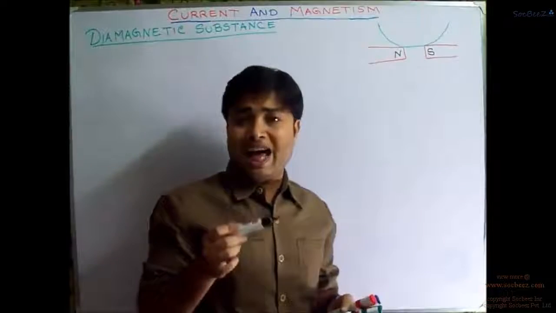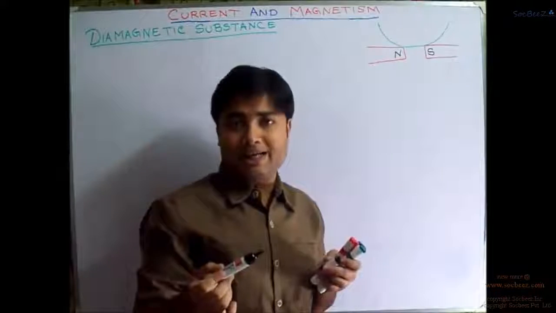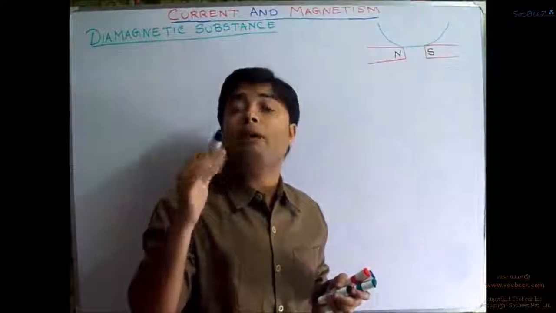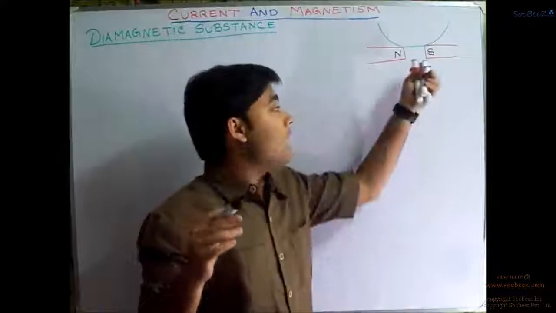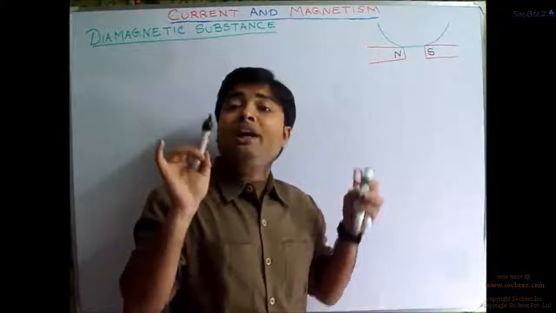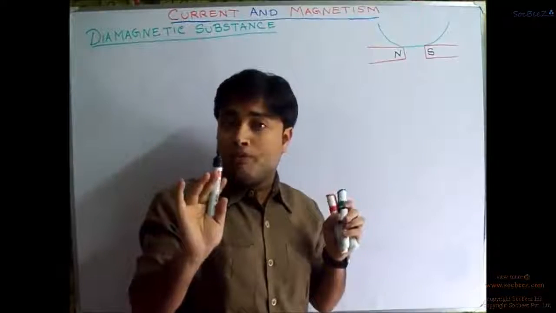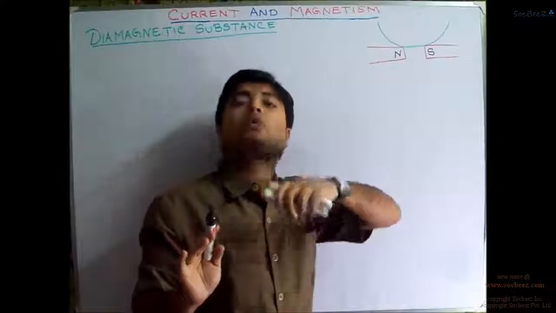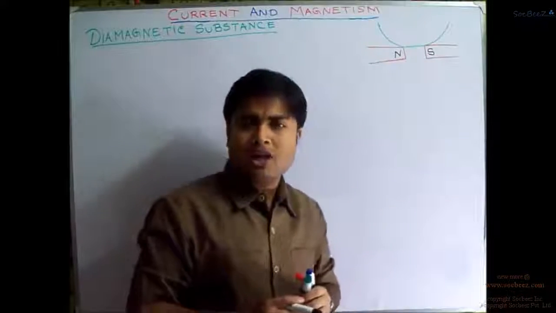But as the concept says that the diamagnetic substances are those which are repelled by a bar magnet, they will tend to move from the stronger positions to the weaker positions.